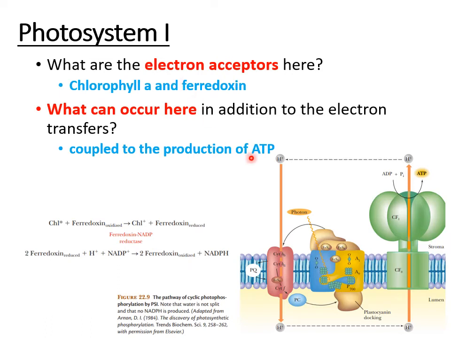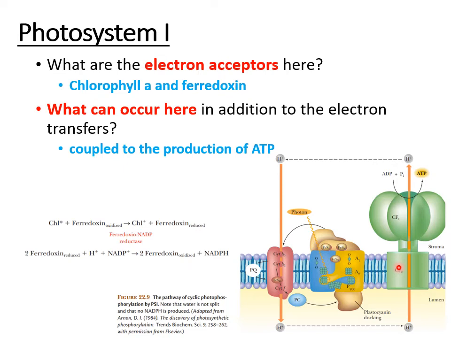Now, what's important about photosystem 1 when we're looking at these electron transfers is that the passing of the electrons can be coupled to the production of ATP. And if you look in this figure here, you can see that this guy over here looks just like the ATP synthase that we saw after the electron transport chain in respiration when we were looking at the coupling of oxidative phosphorylation and also chemiosmosis.